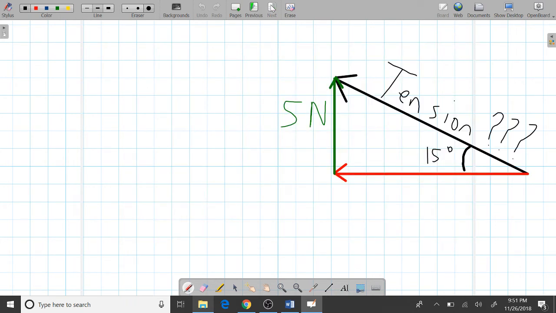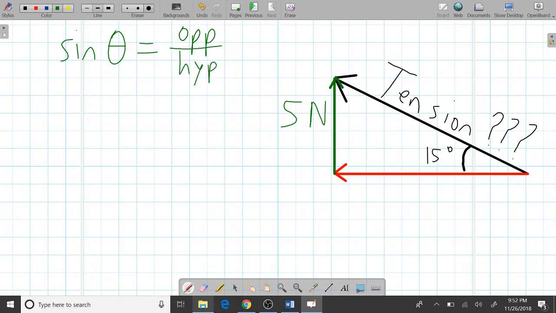So how do we do that? Well, that's easy, because we know this angle is 15 degrees, and this side is opposite our angle, so we can solve for the hypotenuse using the sine function. Remember, sine of some angle theta is equal to opposite over hypotenuse.